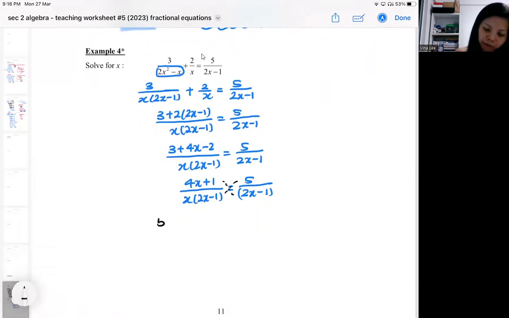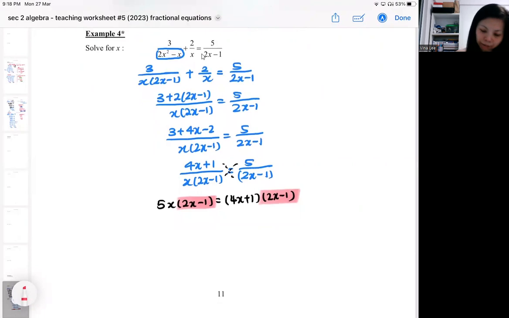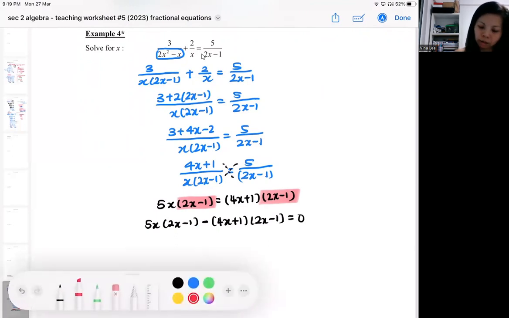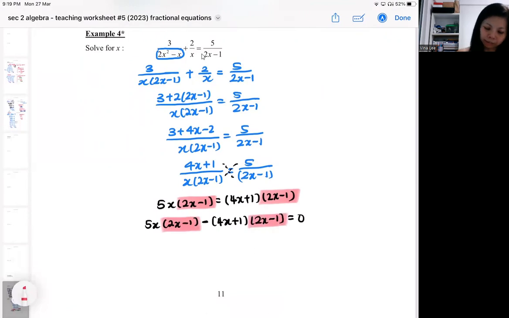And I see that both sides have a common bracket. So bring everything over, so that you take out that common bracket as a common factor.